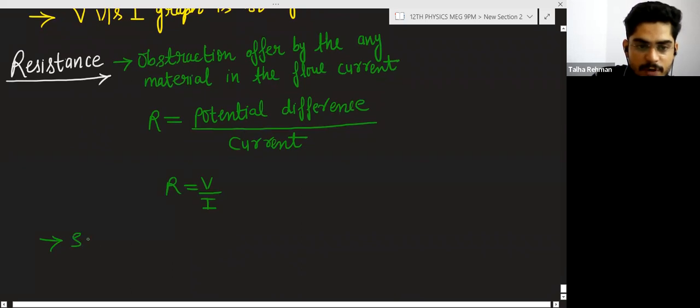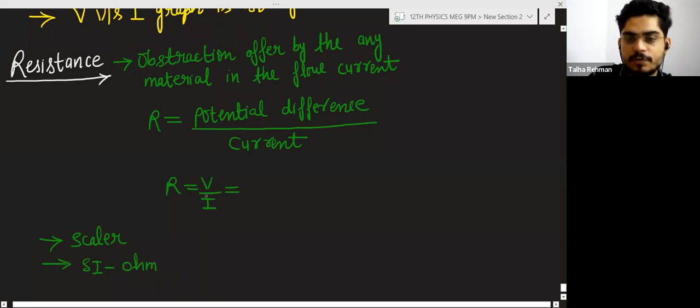This is a scalar quantity and the SI unit is ohm. You can also write the unit from here: the unit of potential difference is volts, and this is ampere.